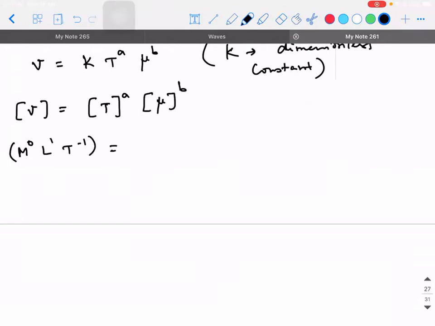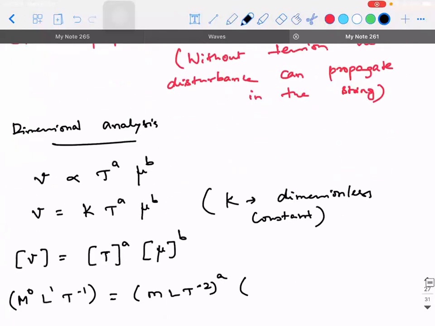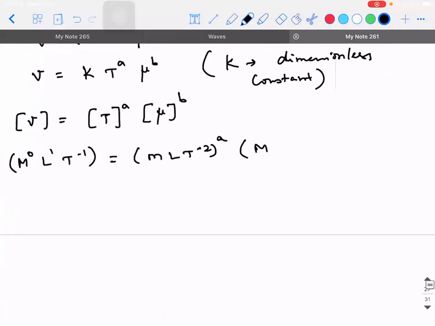Tension is force. Force is mass into acceleration. So you will have M L T minus 2 raised to the power a. Accepted, guys? Into. What is mu? Mu is mass per unit length. So mass is written as M and length is written as L. So L minus 1 to the power b.